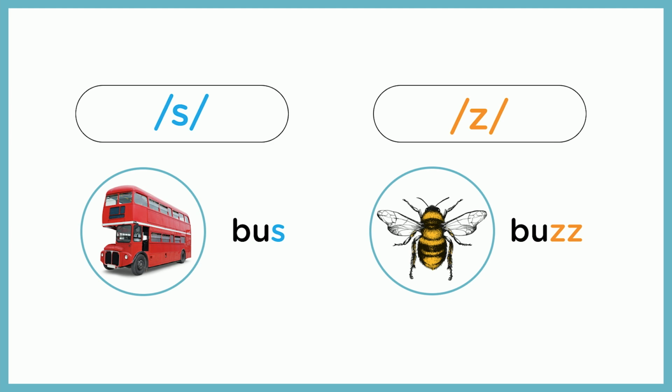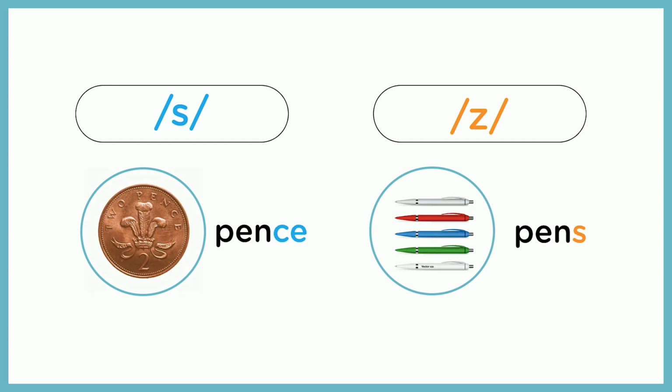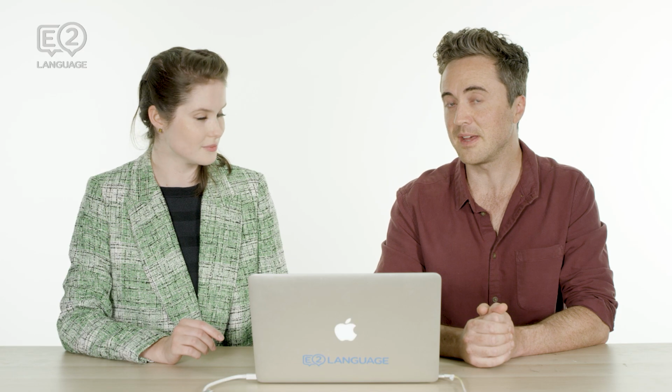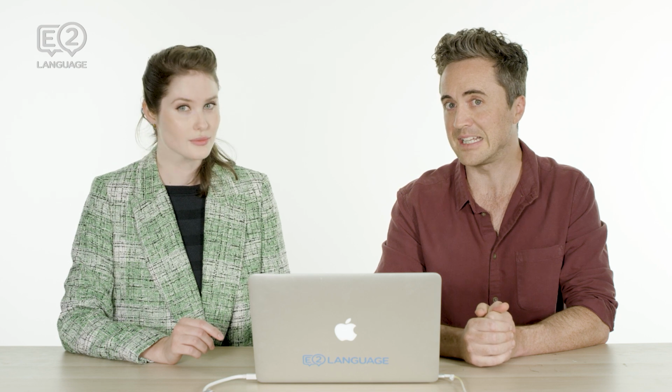So what we have here is bus and buzz. The only difference is s or z. We've got 2 more examples here, pence and pens. Once again, this tiny difference can make a huge difference in terms of meaning. That's a really important one too, because in English we have plural nouns, right?